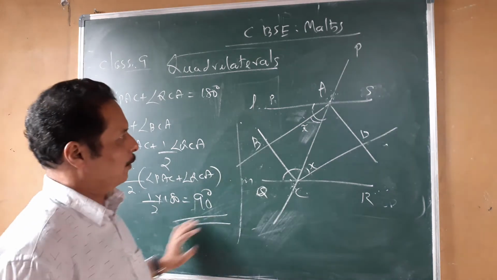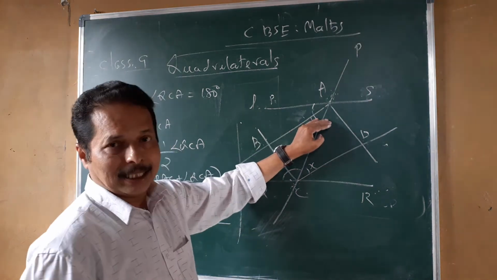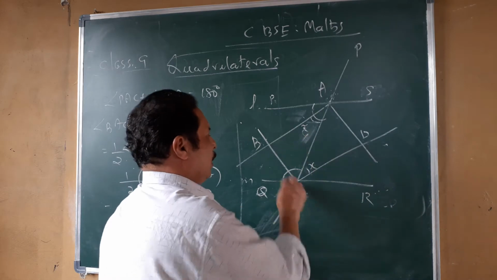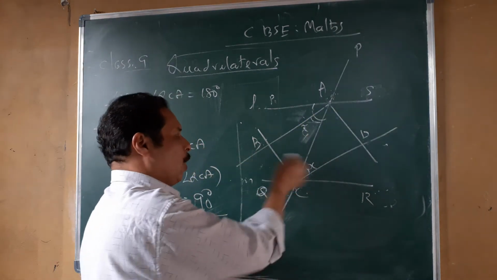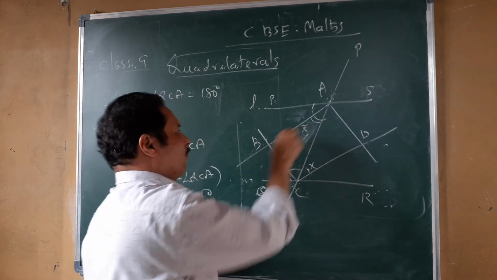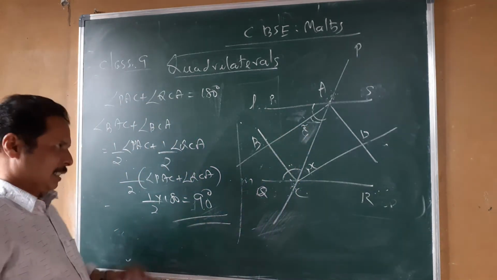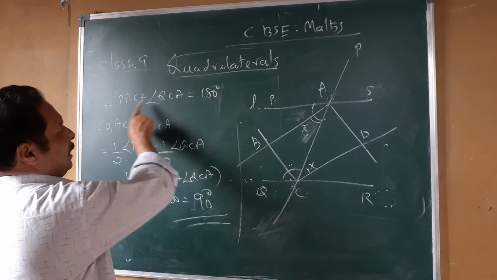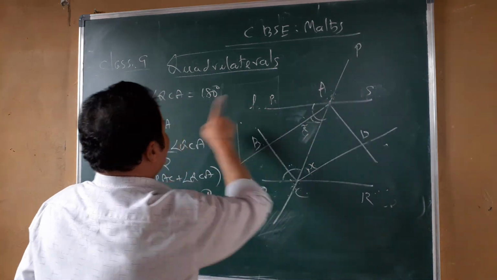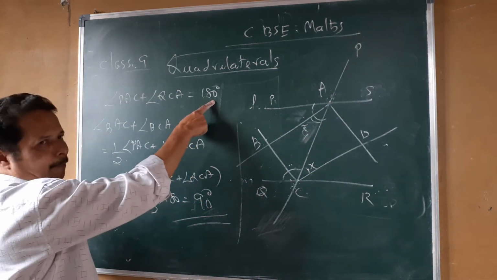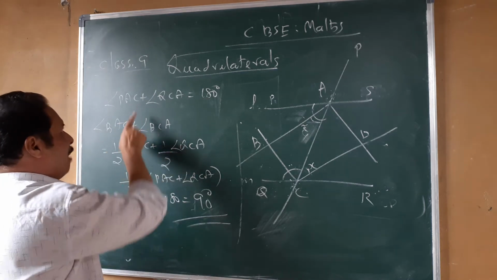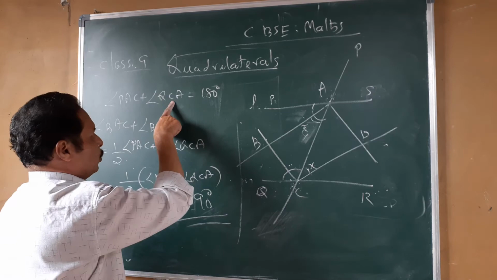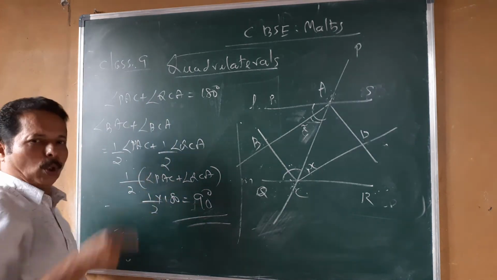You get the idea? If the total is 80, this is 40. If this is 100, then 100 divided by 2 is 50. The steps are: angle PAC plus angle QCA, co-interior angles, are supplementary. Half of angle PAC plus half of angle QCA is half of 180, which equals 90.